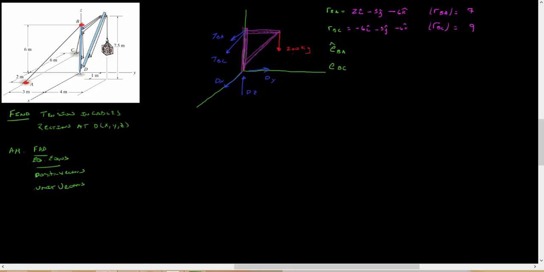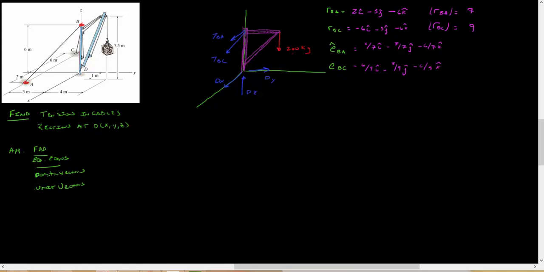If you square all those, you get 81, so my magnitude is 9. So my unit vector BA is going to be 2 over 7 i minus 3 over 7 j minus 6 over 7 k. And then unit vector BC is just going to be negative 6 over 9 i minus 3 over 9 j minus 6 over 9 k.